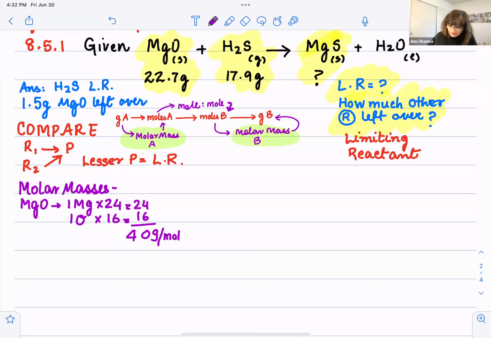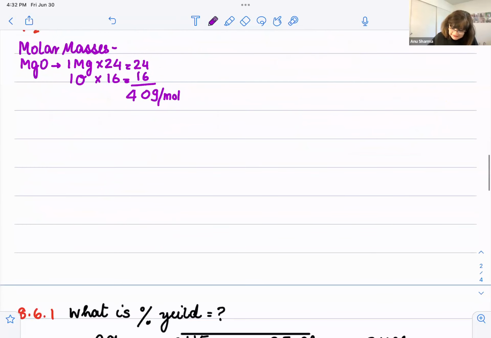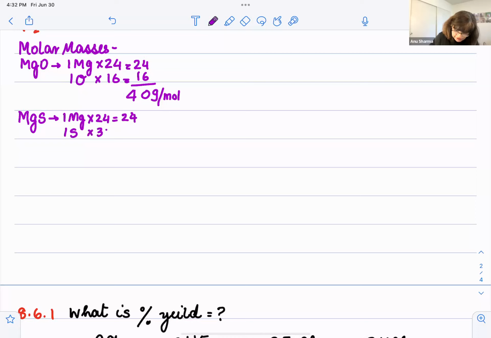So that is the magnesium oxide. Next is the magnesium sulfide, MgS. Magnesium sulfide is again one magnesium times 24, and that is 24 grams. And then you have one sulfur, and each sulfur is 32. So this is 32 grams. So 24 plus 32 is 56 grams per mole. This is the magnesium sulfide.